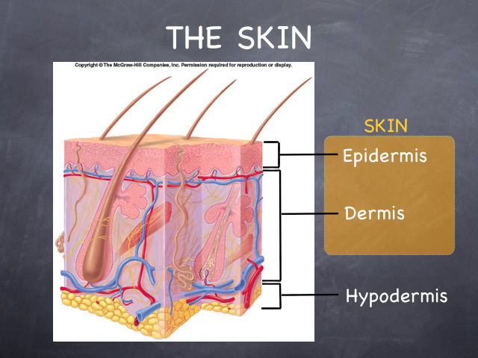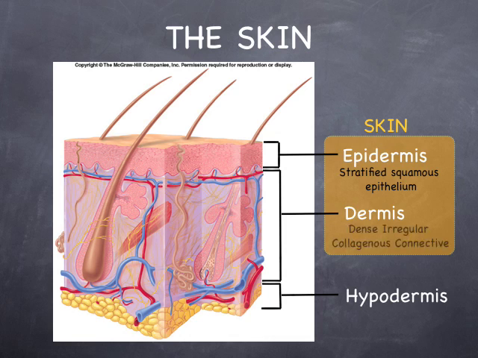So let's review what kinds of tissues are involved here. We already said that the epidermis is stratified squamous epithelium, right? What is the major tissue component in the dermis, though? The dermis is what makes the skin strong, tough. What tissues did we talk about that are very, very tough? Connective tissues. What kind? Collagen. Yeah, exactly.